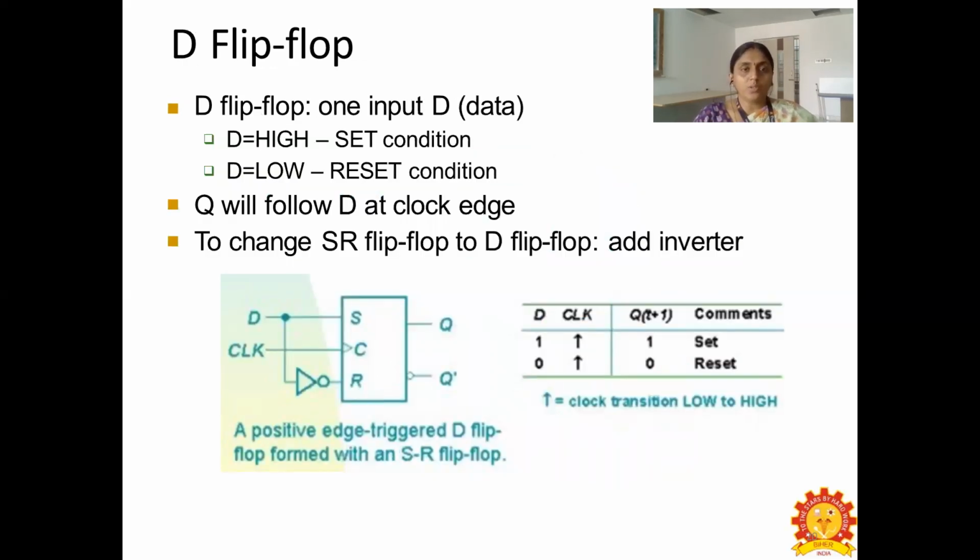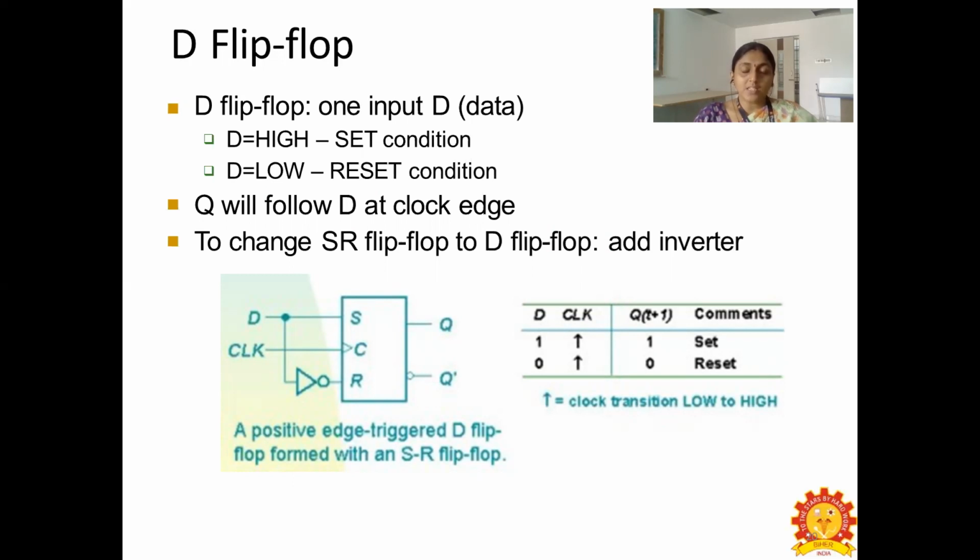And now we will see the D flip-flop, where there is one input D along with the clock pulse. D is said to be high under the set condition and D is said to be low under the reset condition. So Q will follow D at the clock edge, and to change the SR flip-flop to a D flip-flop, we have to add the inverter. So here the positive edge triggered D flip-flop is formed along with the SR flip-flop.